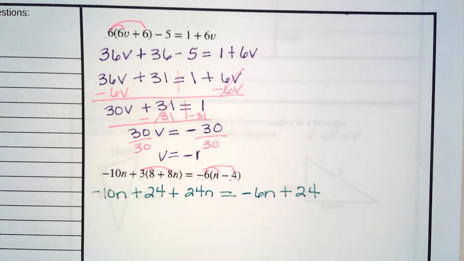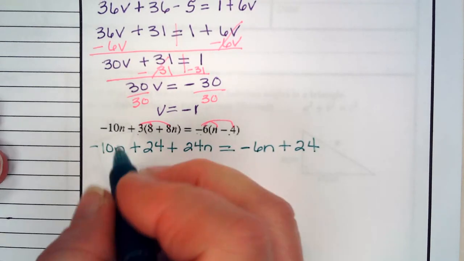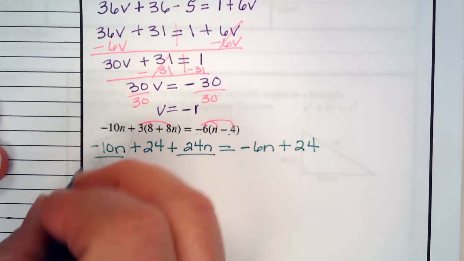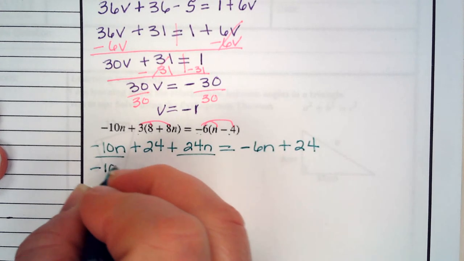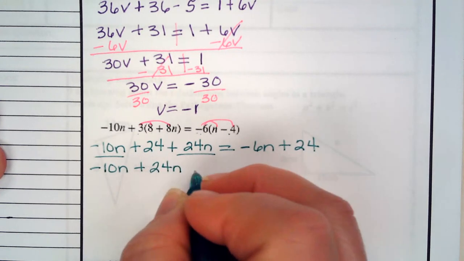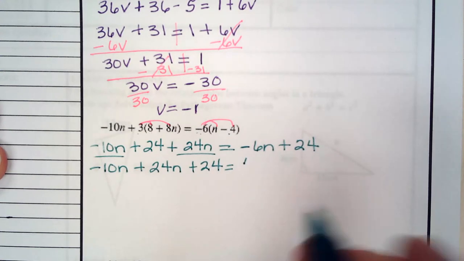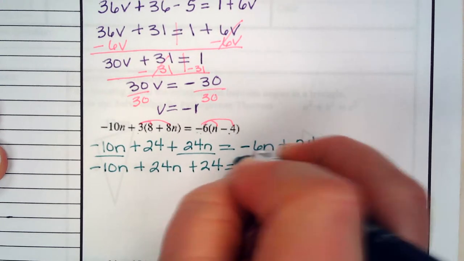Am I ready to solve yet? Well, this side is correct, but this one is not. I have like terms to combine. Negative 10n plus 24n plus 24 is equal to negative 6n plus 24.